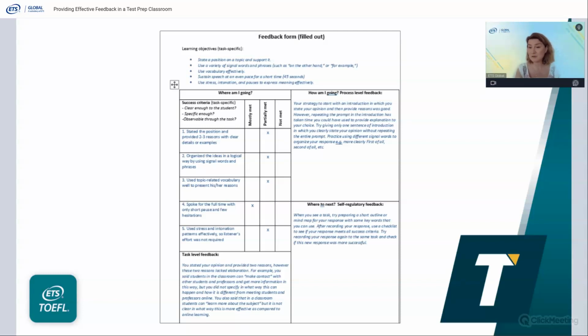And I would assume it's still much more effective than just saying, you know, you could do a little bit better, you can do better than that, and things like that. Or, I think that's 5 out of 10, which sometimes people also do.